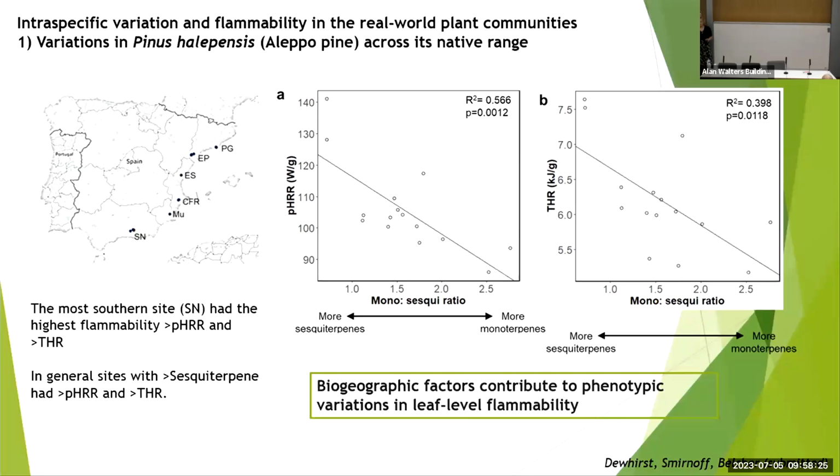So the most southern sites have the highest flammability, as you can see here, because they have more sesquiterpenes. And in general, the sites with more sesquiterpenes had higher peak heat release and higher total heat release as well. So we can conclude that biogeographic factors contribute to phenotypic variations in leaf level flammability.